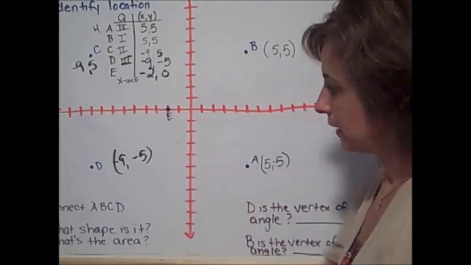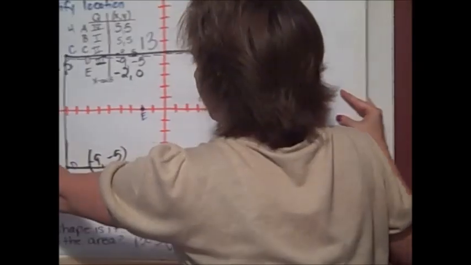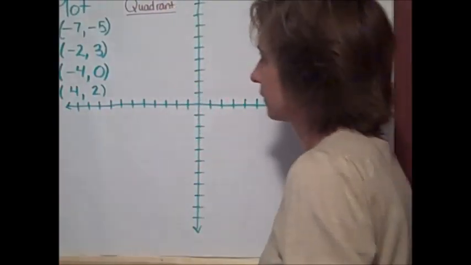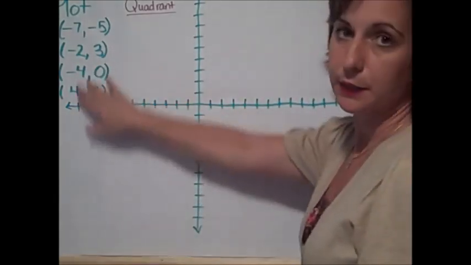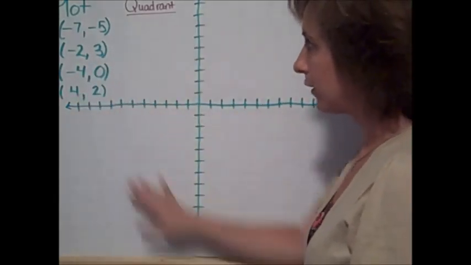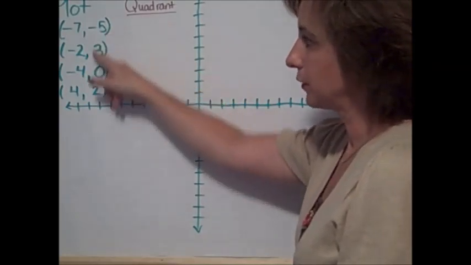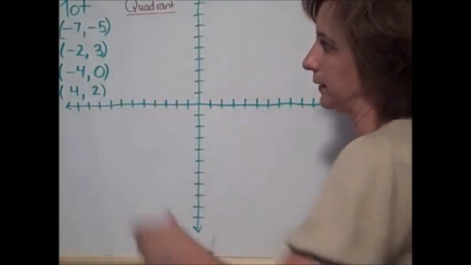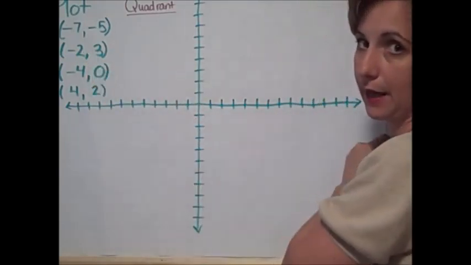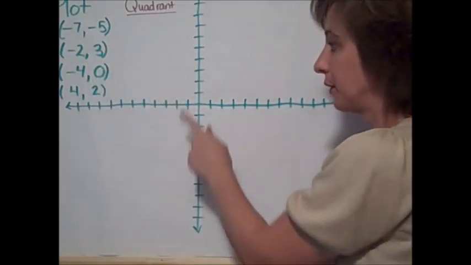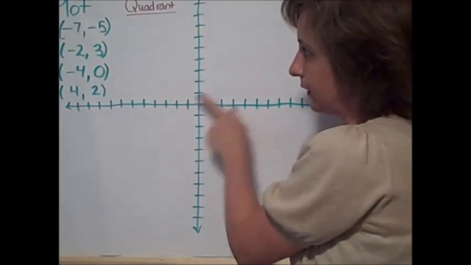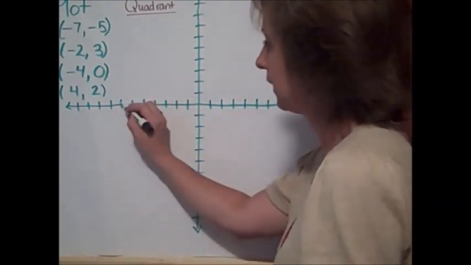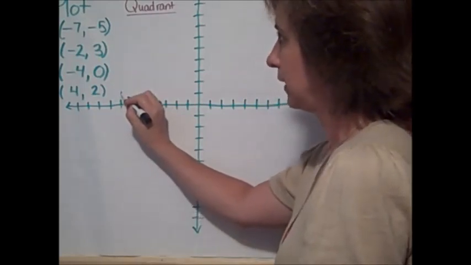So, now it's given us 4 points. We have our quadrants, and we're going to name the quadrant after we've plotted the points. The first point is negative 7, negative 5. Over, then up. Negative 7 is in this direction, 1, 2, 3, 4, 5, 6, 7, and up 5.